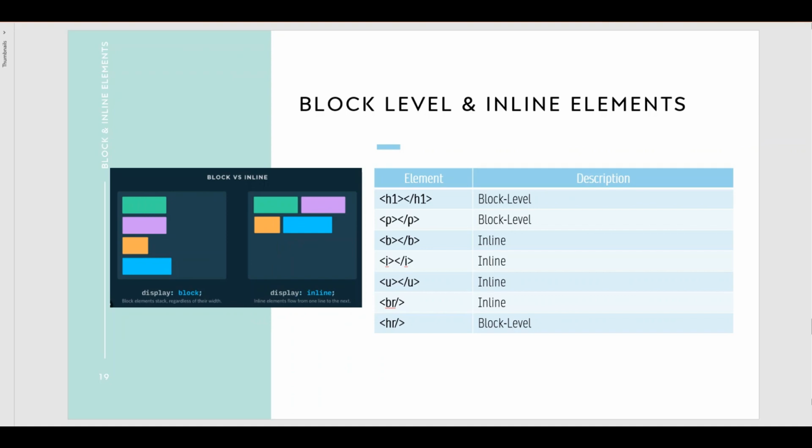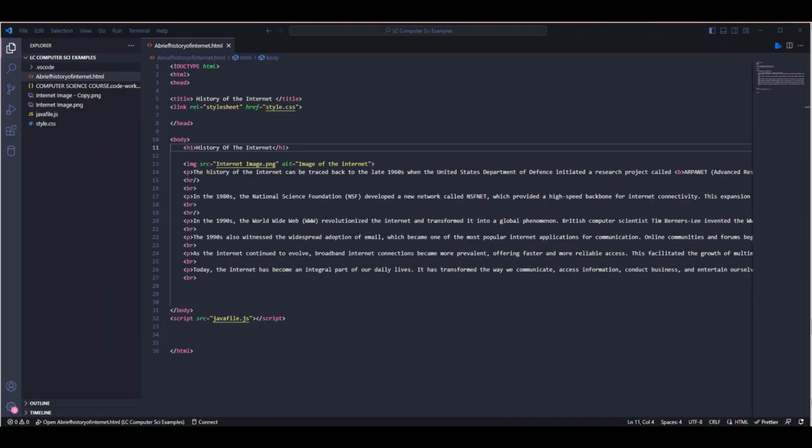So let's look at some practical examples of that. This is our IDE, Visual Studio Code, and this is the code, the simple web page that we developed in the previous lessons. So we're going to use this as an example to explain block level and inline elements. So we can run this code.